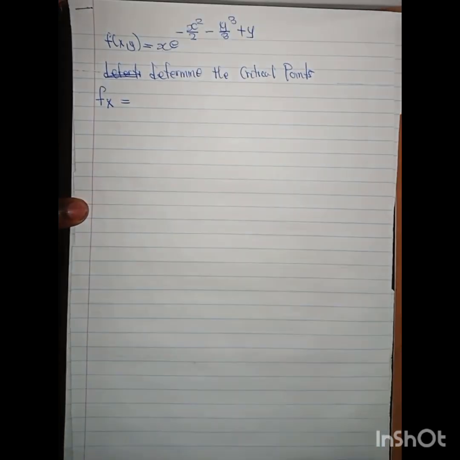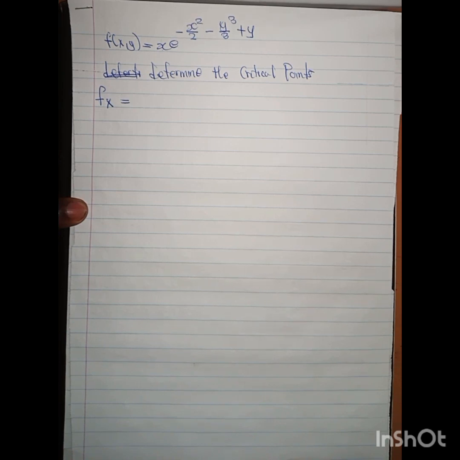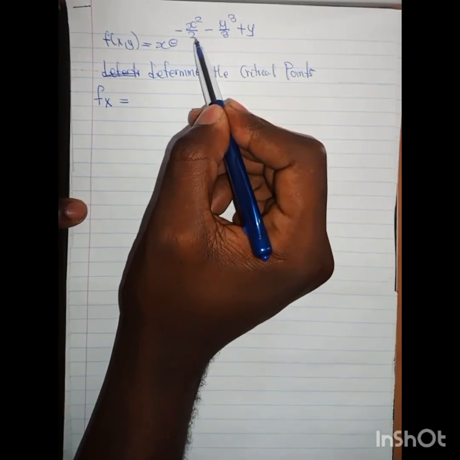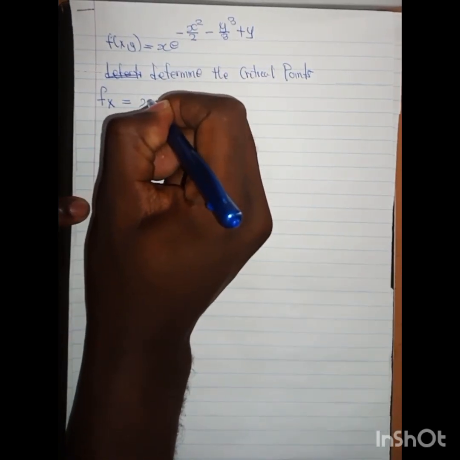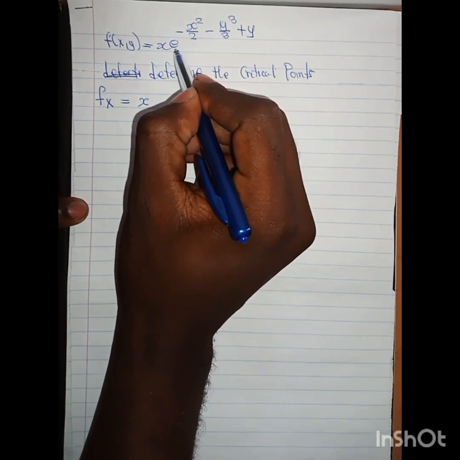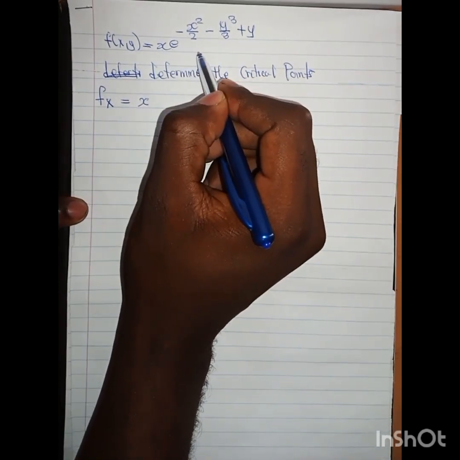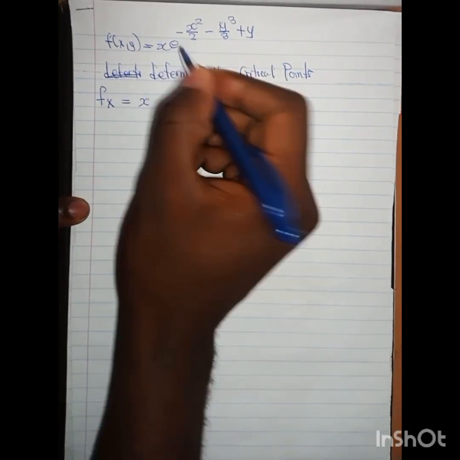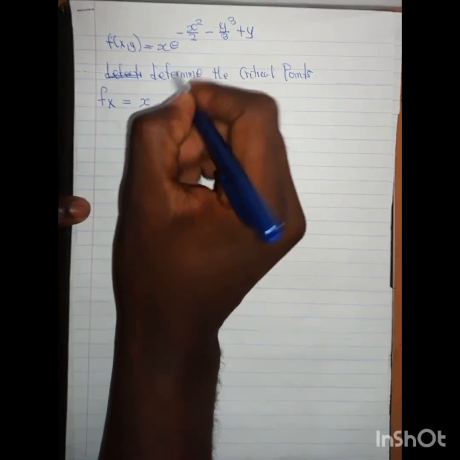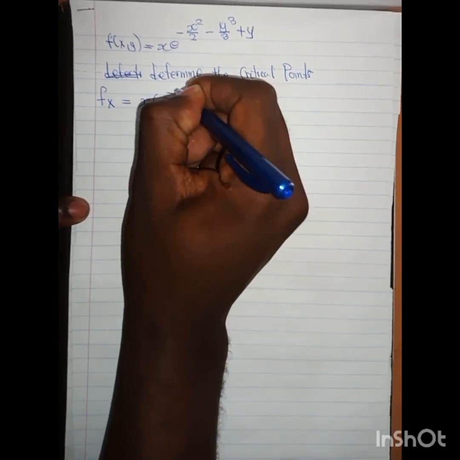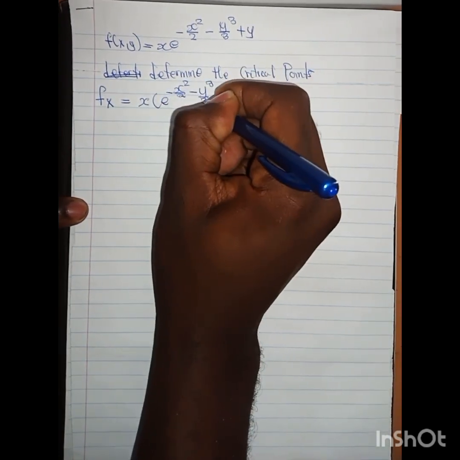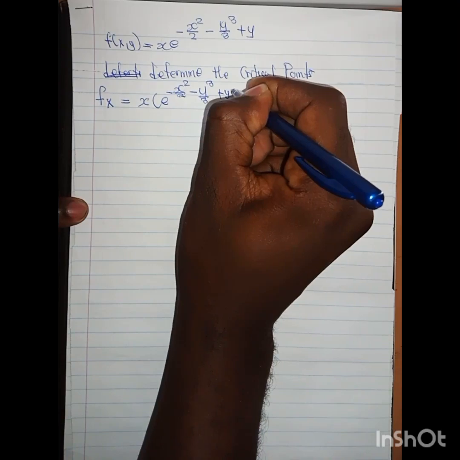Then in order to differentiate this particular problem with respect to x, we have to differentiate using product rule. Then first I will keep x. Then by keeping x, I am going to differentiate this part with respect to x. Can we differentiate this part with respect to x? This is a natural log. Then the derivative of this function is e to the negative x squared over 2 minus y to the third over 3 plus y.